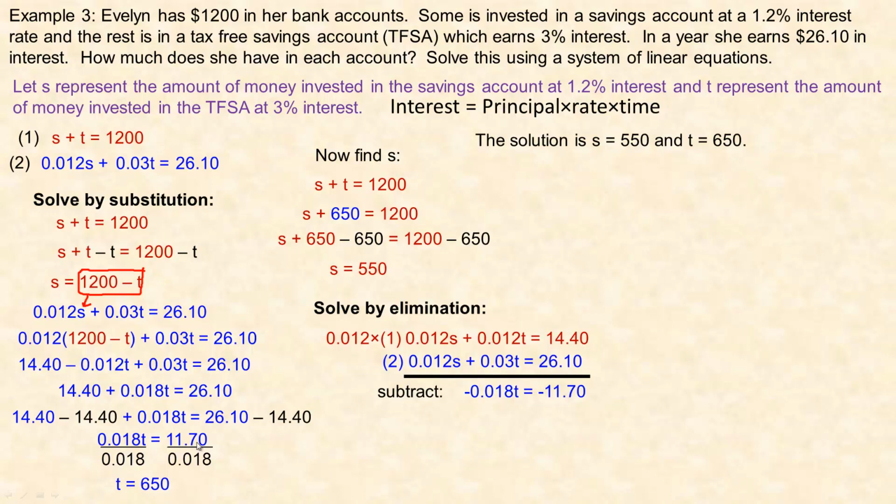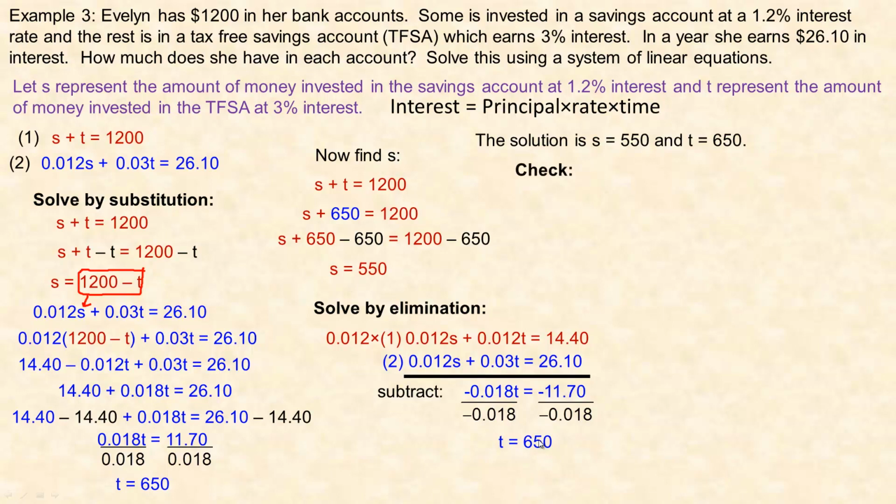And again, just same as what's here, just different signs. So let's divide out the negative 0.018. And we get T to be 650. So same as the last one. If we had started by elimination, so I got 650, I would now want to find S. So then we would do this to find S if you were doing just the elimination.